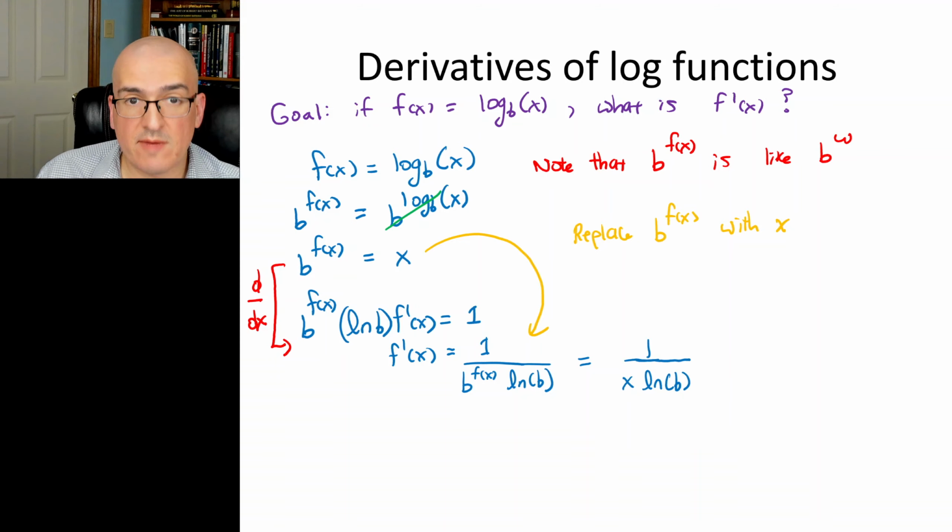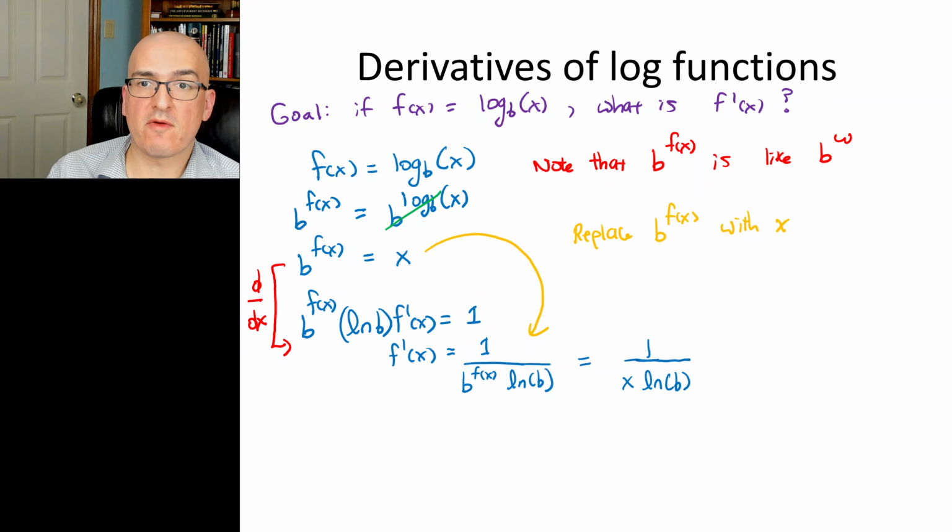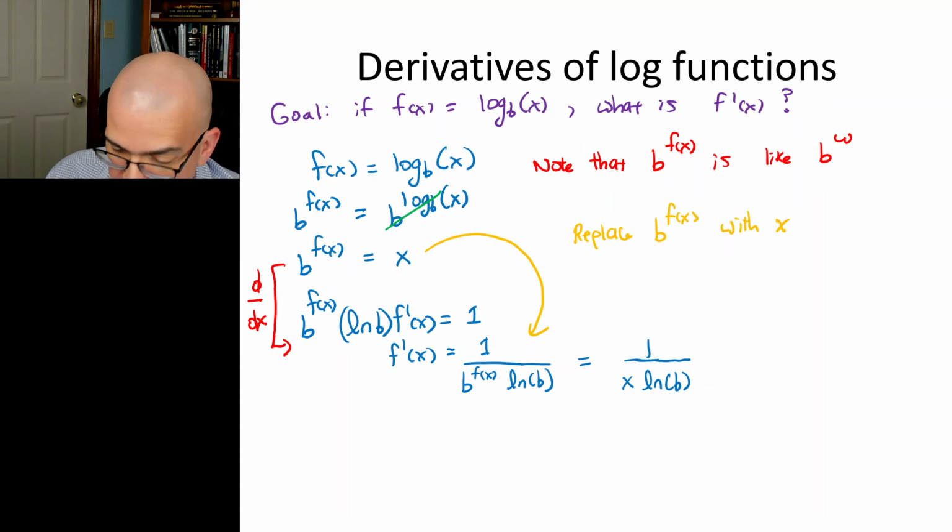So to summarize what the calculation tells us, we found f prime of x, and f prime of x is what we were after. We were after the derivative of the function f of x, the derivative of log base b of x. So that's now been completed.